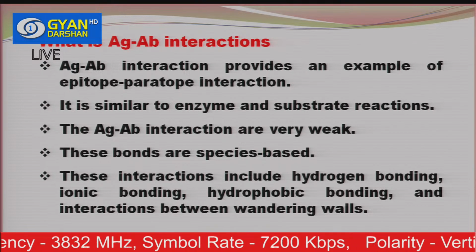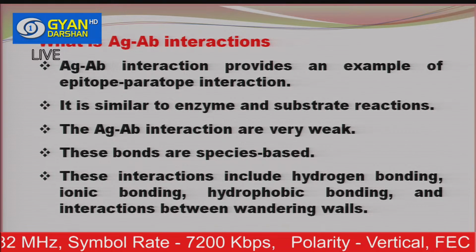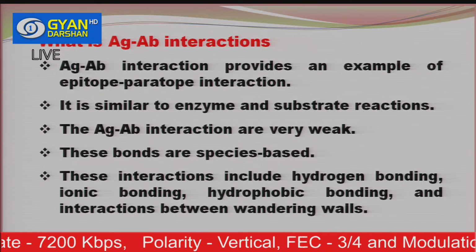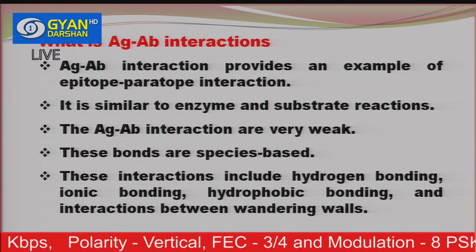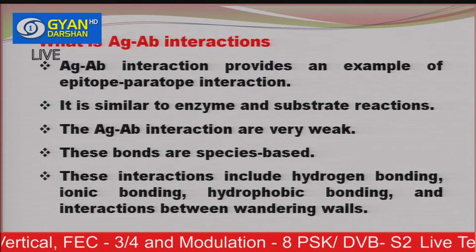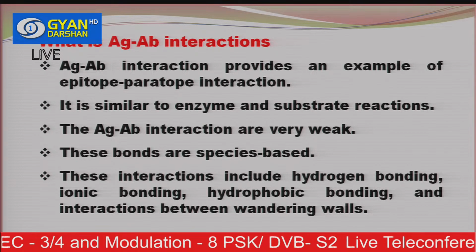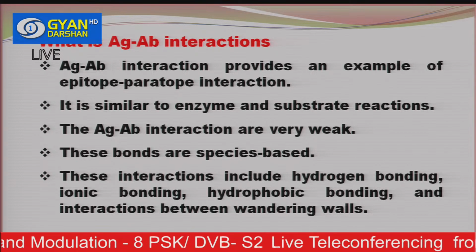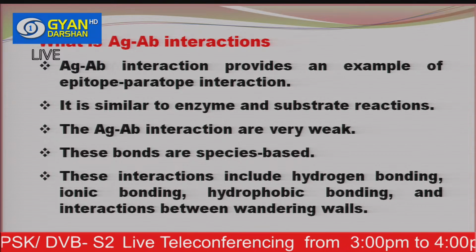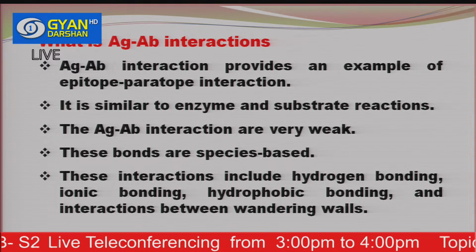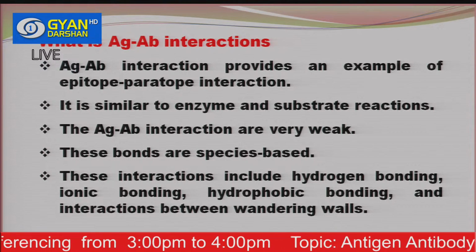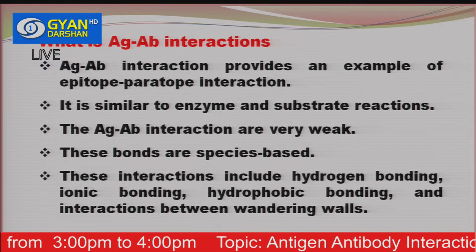The antigen antibody interactions are very weak. The bonding between the antigen and antibody is very weak, like hydrogen bonds, van der Waals forces, various weak interactions, and these bonds are species specific. Basically, when the antigen and antibody bind, they have specific groups like CH3 group, OH group, and NH3 group.